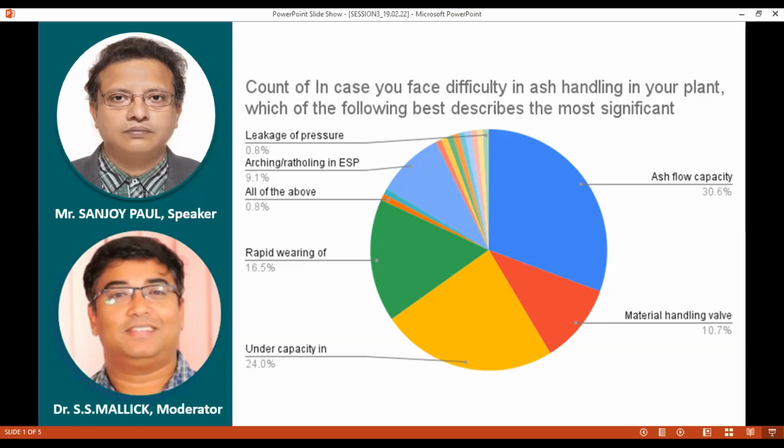Now, many clients I have seen, when the valve is exhausted in the ash line, being eroded, they replace it with another valve from a local manufacturer who assures the quality dimensions, but the hardness and the quality of the plates and the seals are not proper, and that increases the frequency of erosion and the need to replace the valves time and again.